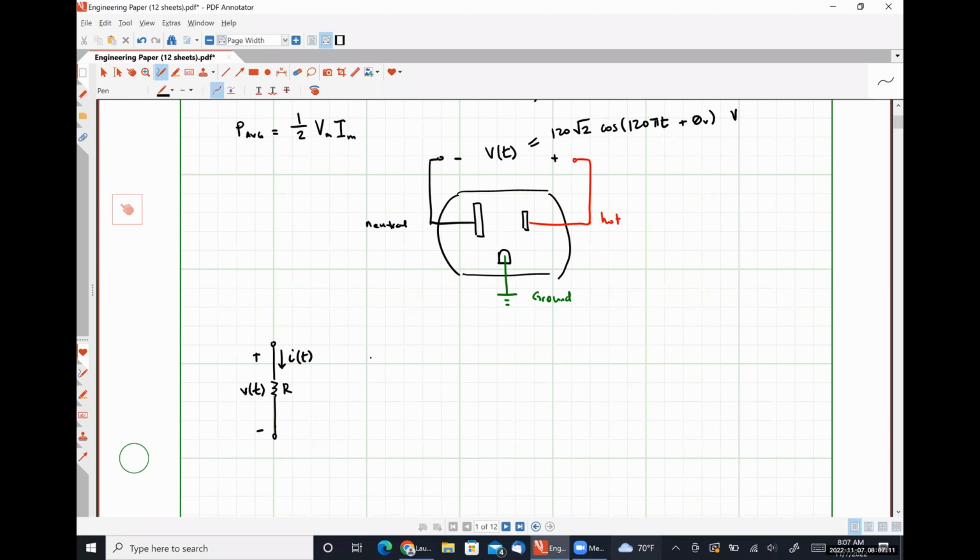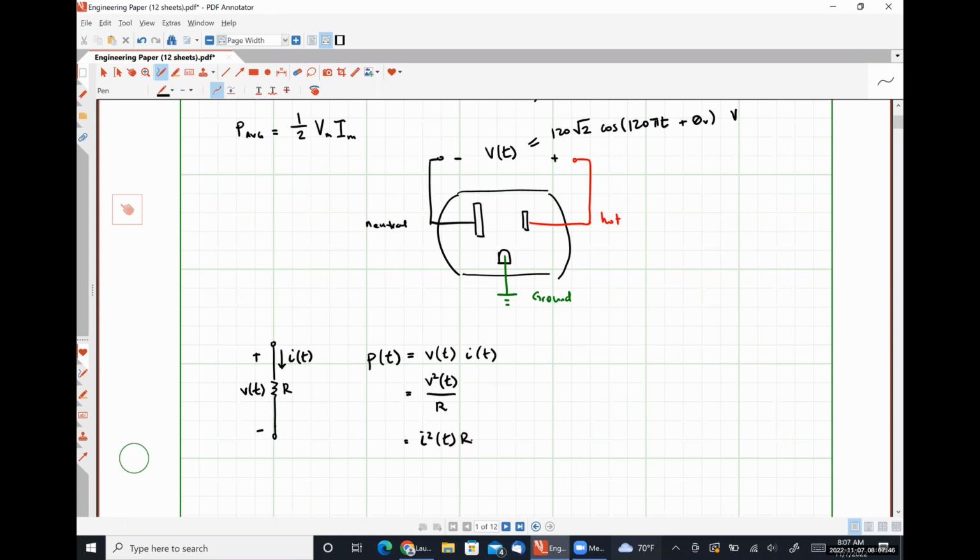We know that the instantaneous power absorbed by this resistor is simply the product of V and I, but this could also be written as V squared over R or I squared times R, thanks to Ohm's law, okay?